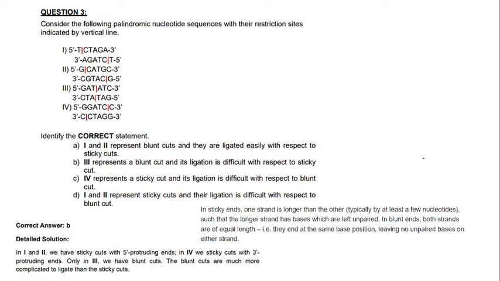So B option is third represents a blunt cut, and its ligation is difficult with respect to sticky cut. So here it is saying that third is a blunt cut. Yes, according to the definition of blunt cut, it will cut both strands of equal length.